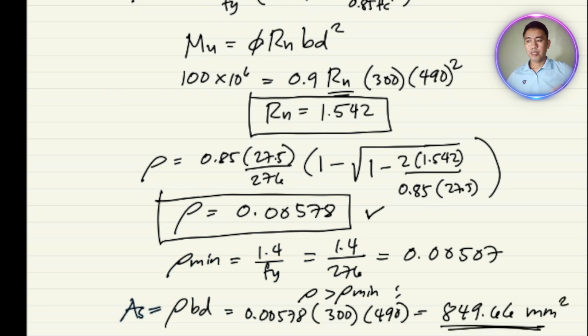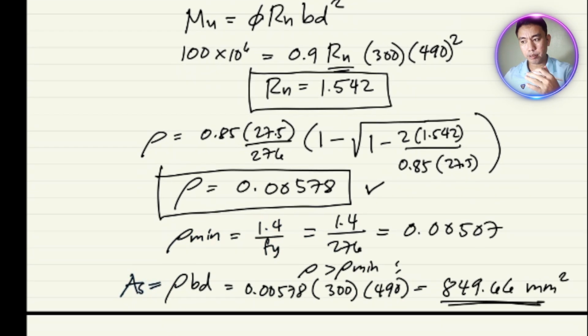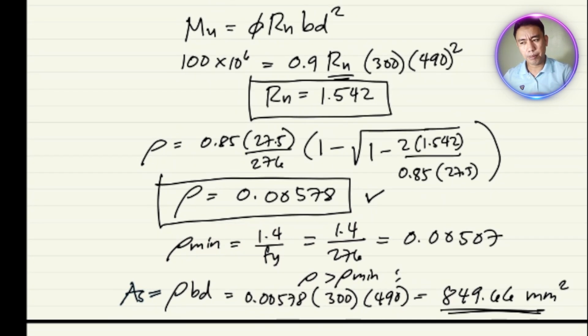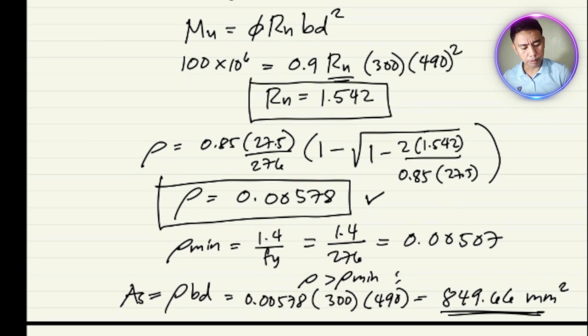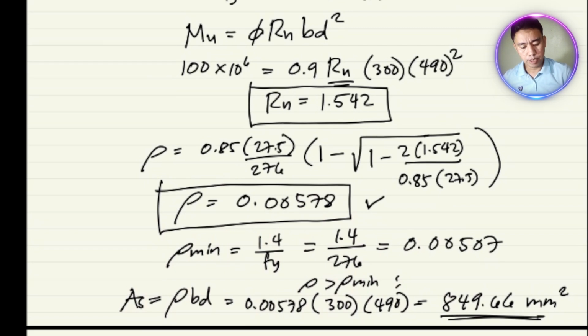Okay, based on the results sa book, mayroong slight na difference. But that's just probably because of the round off error lang yun siya. Okay? But that is very close. I think 1 mm lang yung difference.